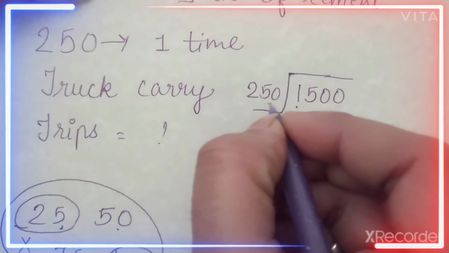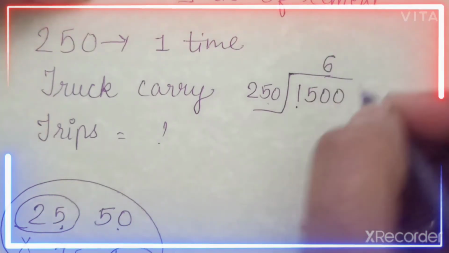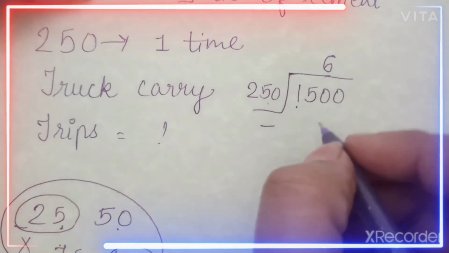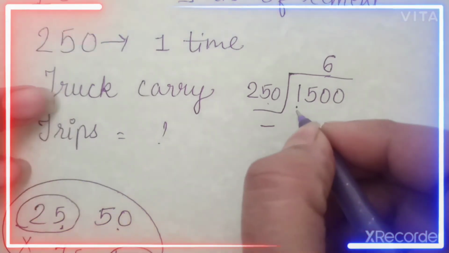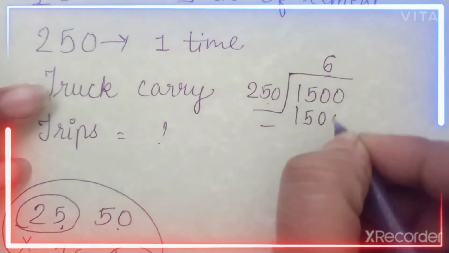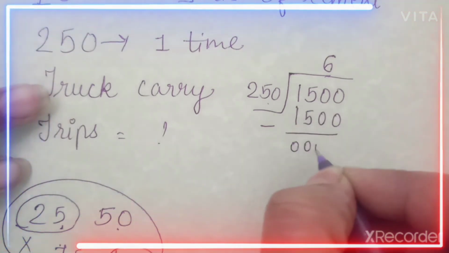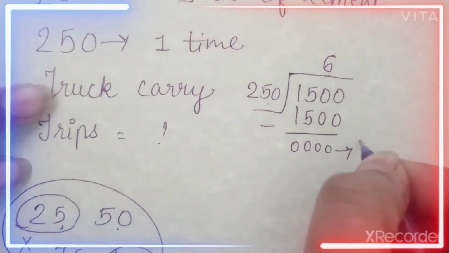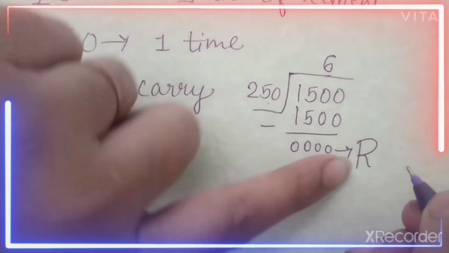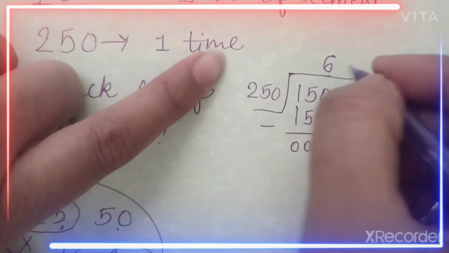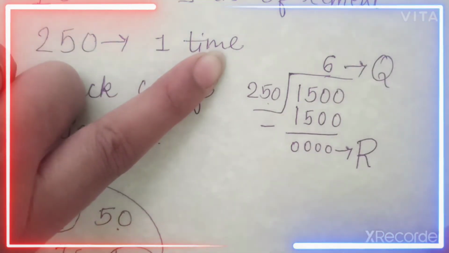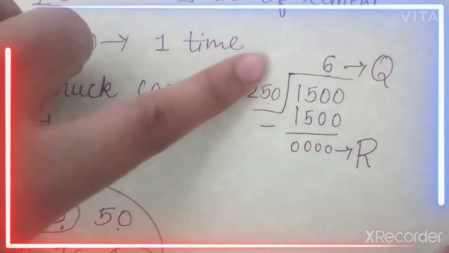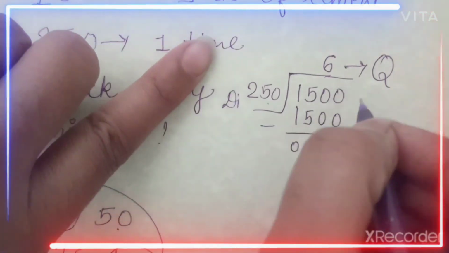So here 1500 divided by 250 you will get the answer 6. 0 0, this is your remainder. Remainder you will write as R and this is your question. Question you will write as Q. Divisor, dividend.